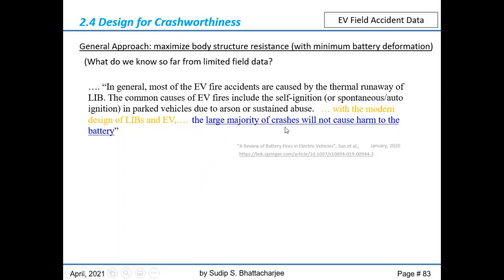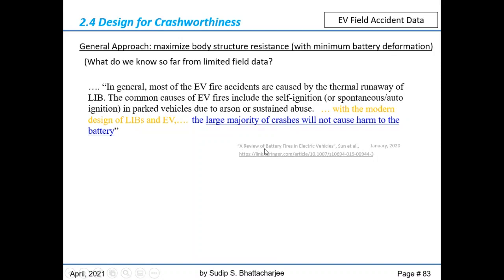Yes, maybe there are a few incidents where fire appears in certain vehicles after a crash event, but at least this paper is giving me some comfort mentally that many other fire incidents with EVs that we read about in newspapers and in media publications, many or most of these are non-crash events.